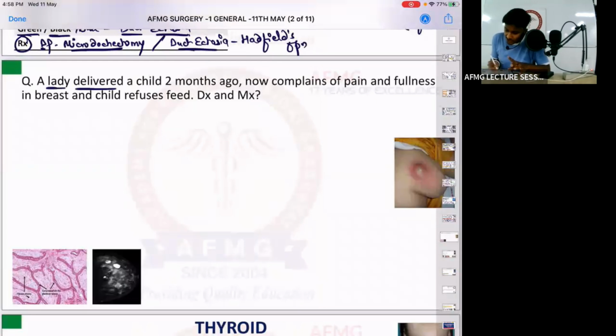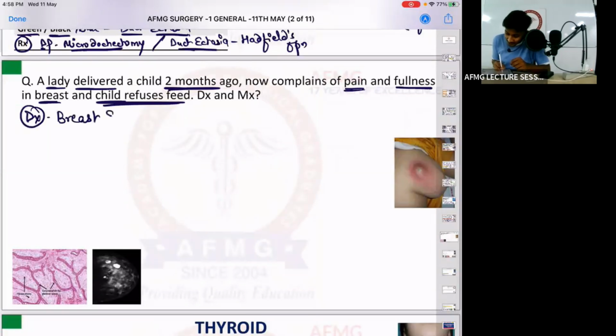A lady delivered a child two months ago. Now she complains of pain and fullness in the breast. The child refuses to feed. Diagnosis and management? The diagnosis is breast engorgement. Did I say any redness, warmth, inflammatory sign or swelling?